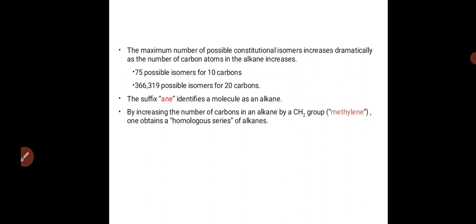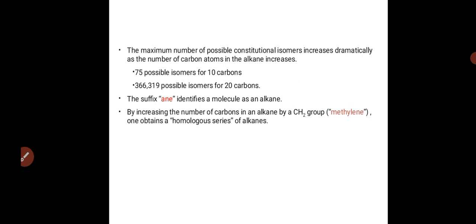For example, for 10 carbons, that is decane, there are 75 possible isomers, while for 20 carbons there are 366,319 possible constitutional isomers.